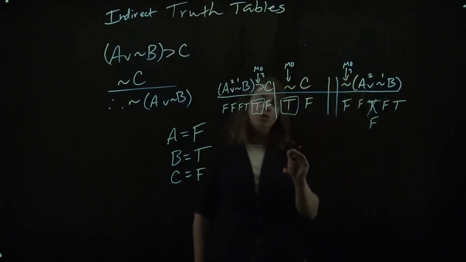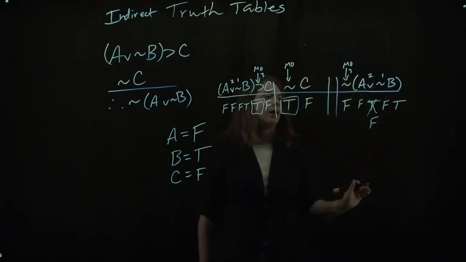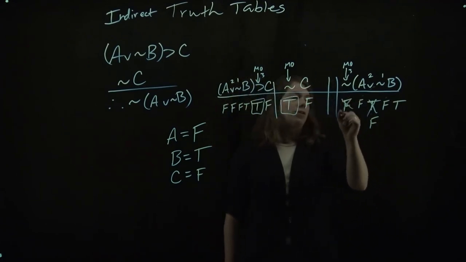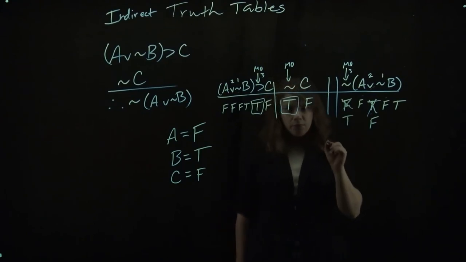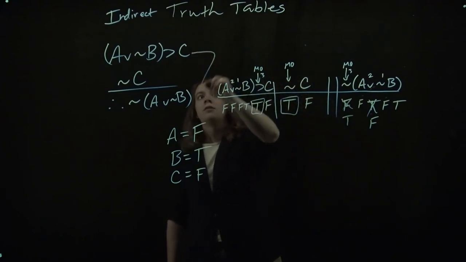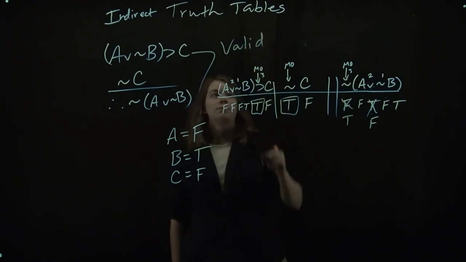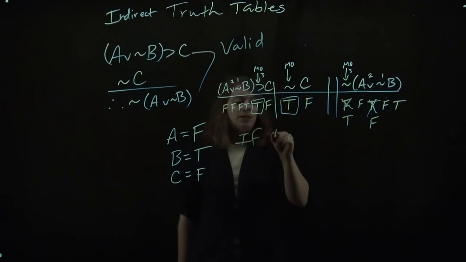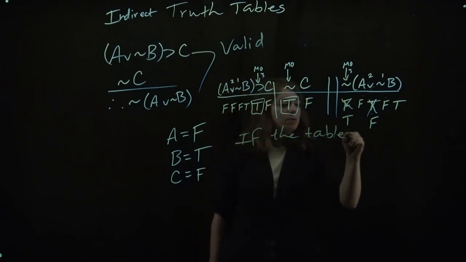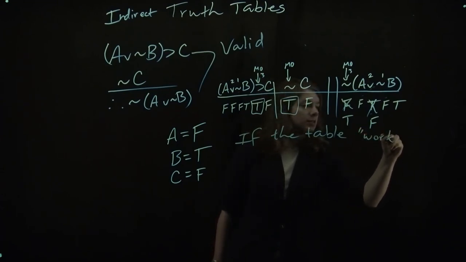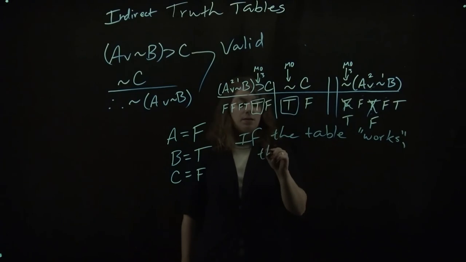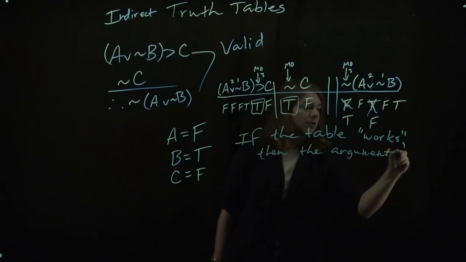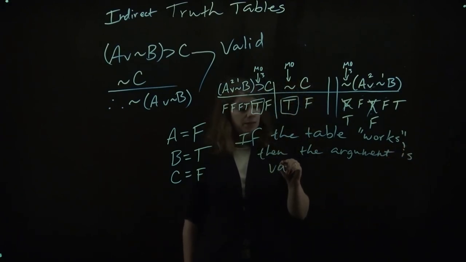So what I've shown here is that the table does not work. When you cannot make it so that all the premises are true and the conclusion is false, then you have proof that this whole argument is a valid argument. It's sort of a backwards way of thinking, but if the table works, then the argument is invalid.